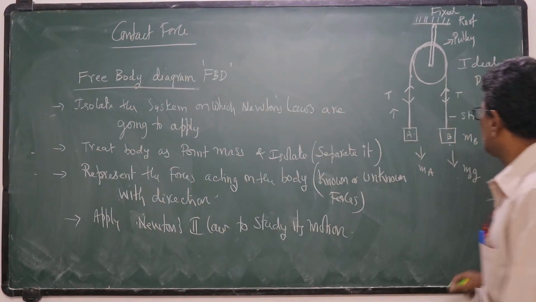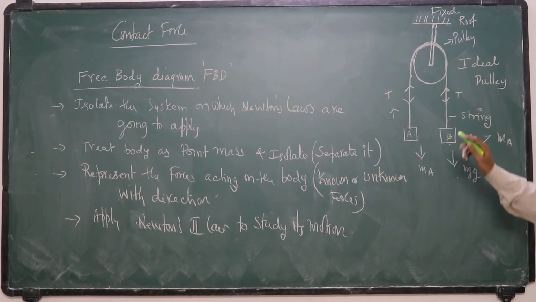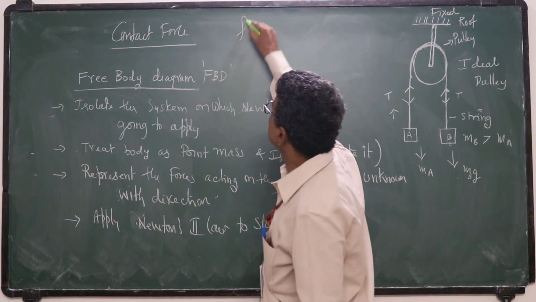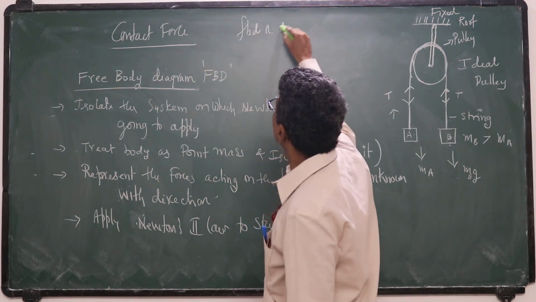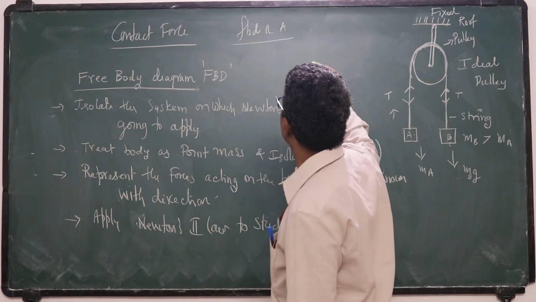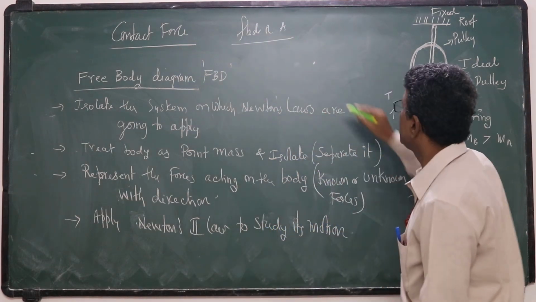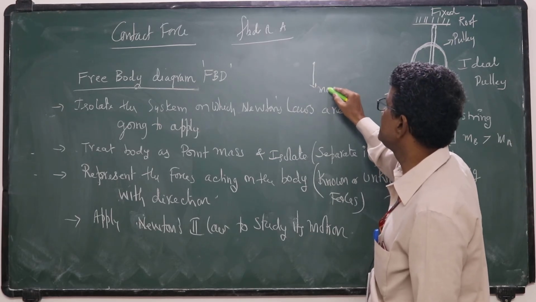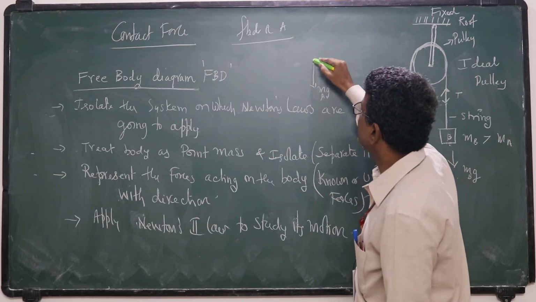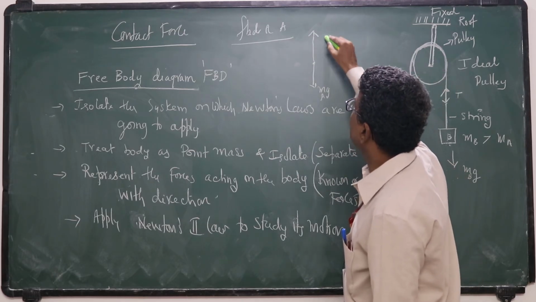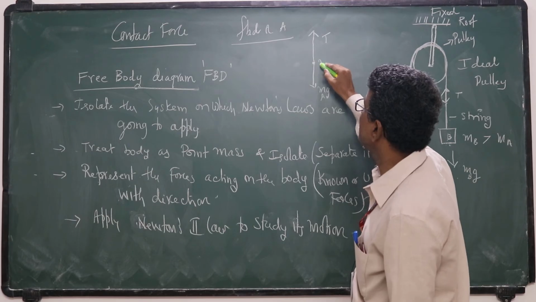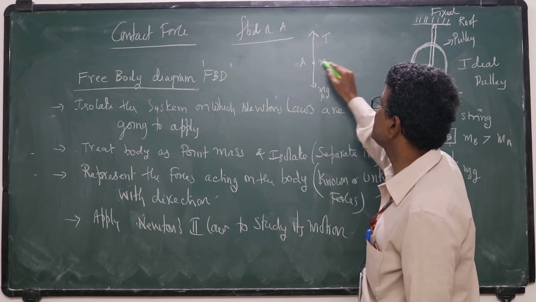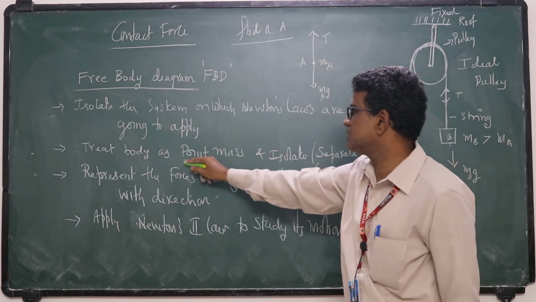Now try to draw the FBD in this example. I want to draw the FBD of A. What are the forces acting on it? Its weight mg acts down, and the tension acts up. So this body A having the mass m, you treat as a point mass.